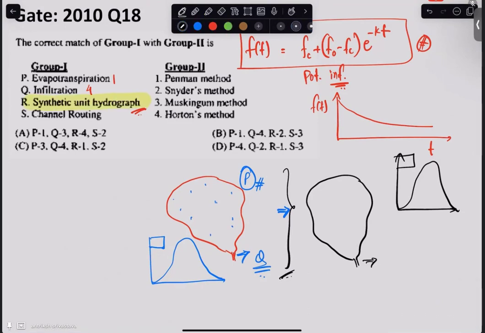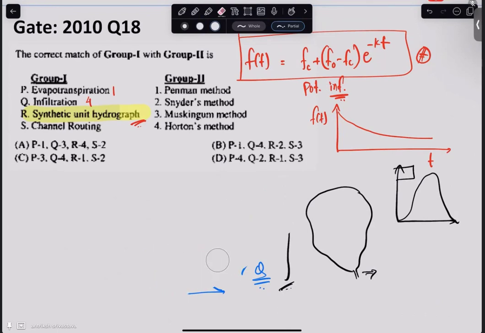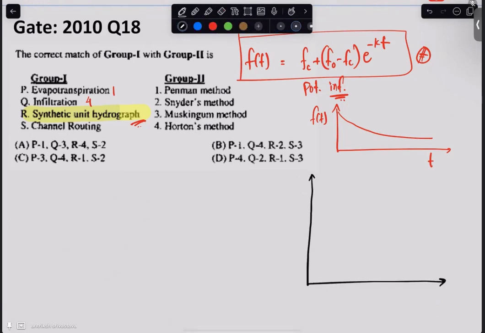So what is this Snyder's method? We are not going into the detail, but Snyder's method uses some parameters of these unit hydrographs to construct a synthetic unit hydrograph. So if you have a unit hydrograph like this, let's say this is the excess precipitation, PR is the duration of the excess precipitation, and this is your runoff hydrograph. So then we use some of the variables.